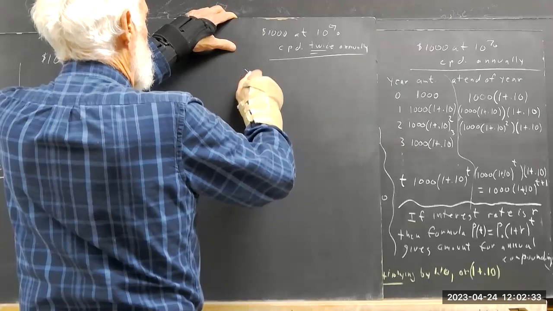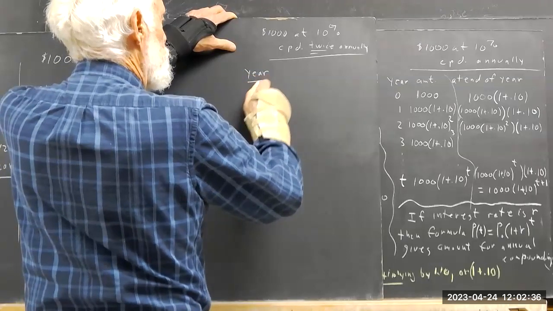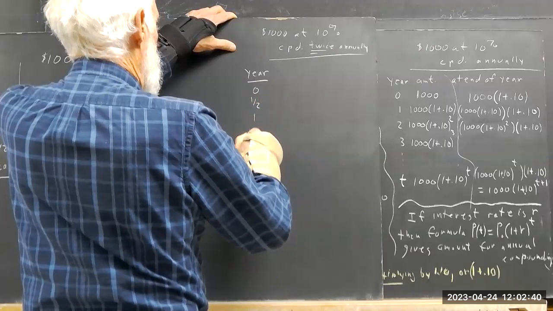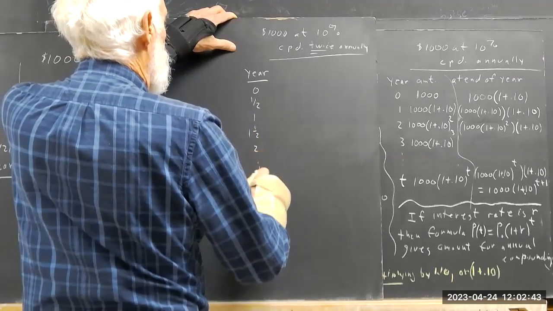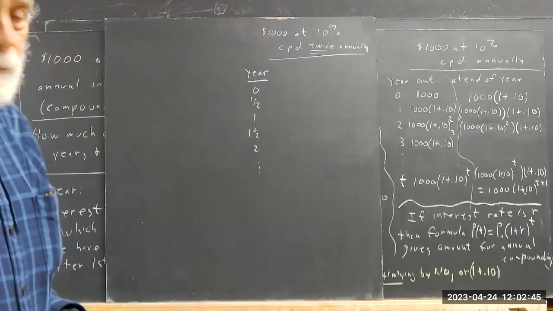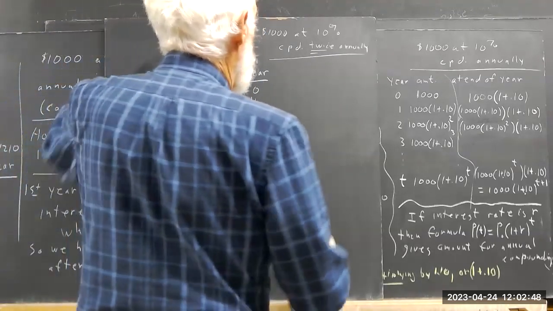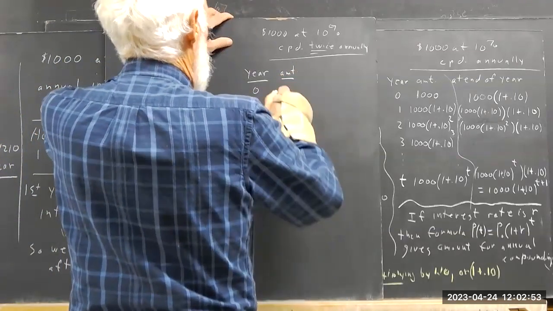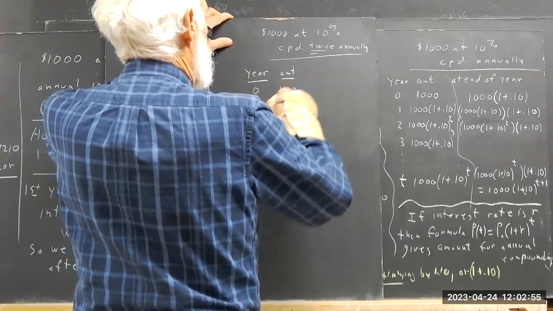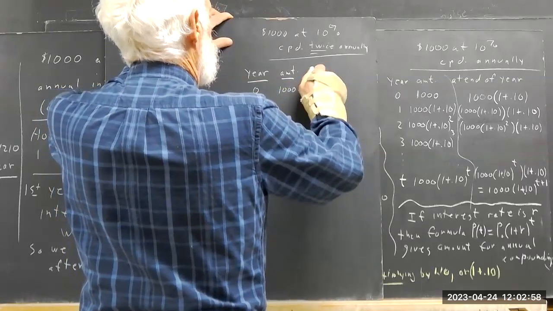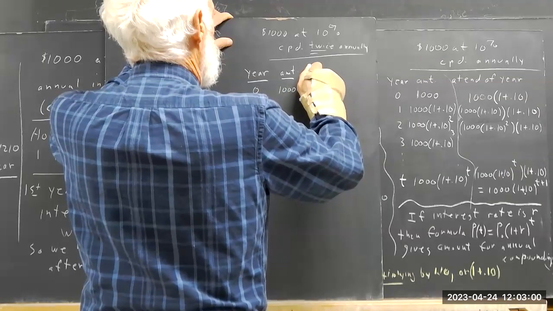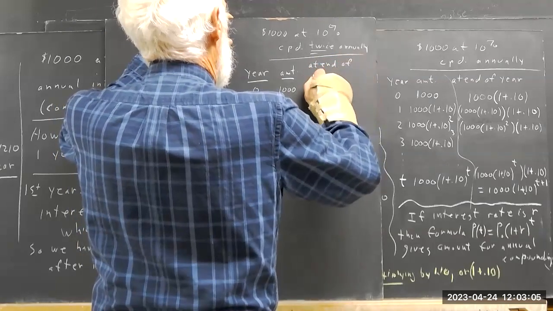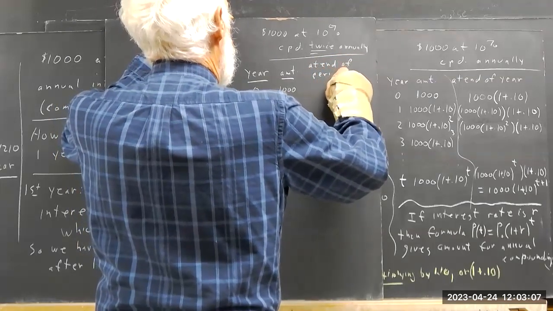So our years will go 0, 1/2, 1, 1.5, 2, and so on. Our amount starts out at 1,000. Our period is half a year.